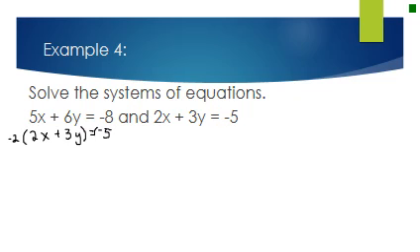And what you do to one side, you must do to the other side. So that gives me -4x minus 6y equals -5 times -2 is a +10. And then right below, I'm just going to write the first equation, 5x plus 6y equals -8.